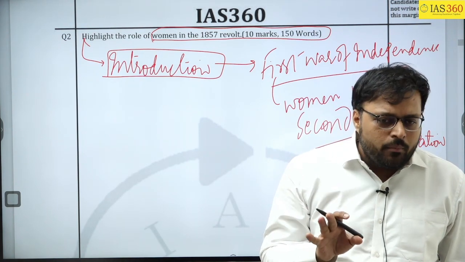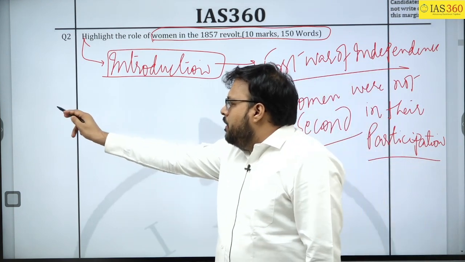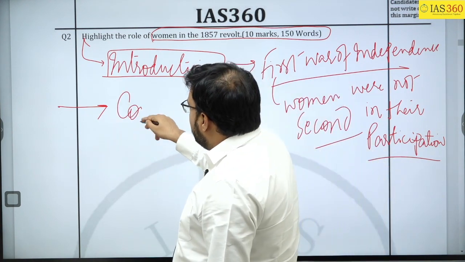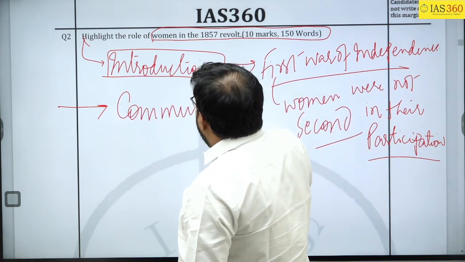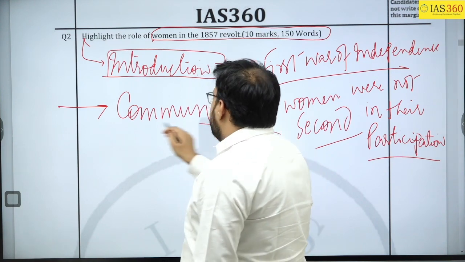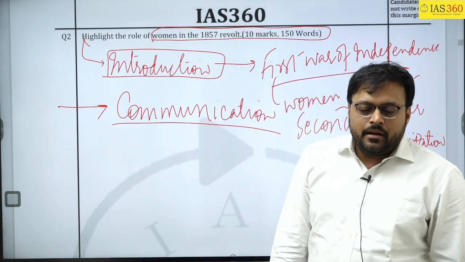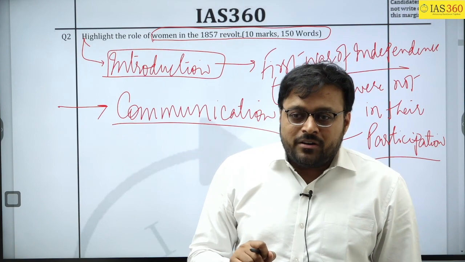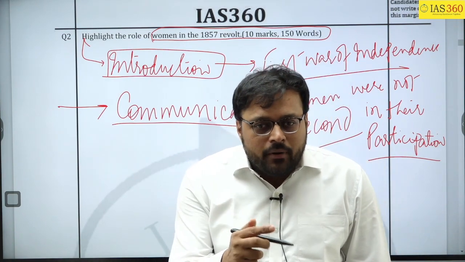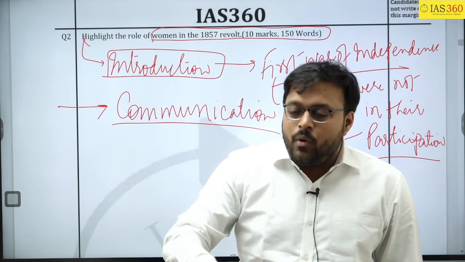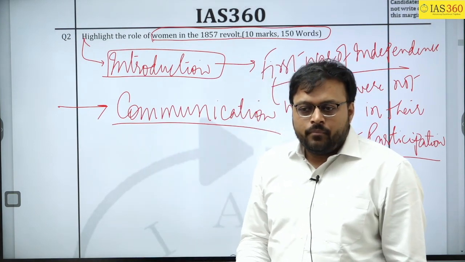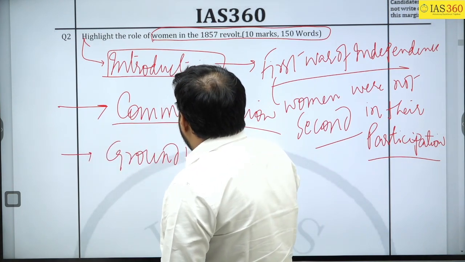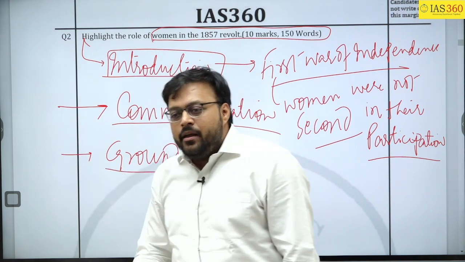So the names are in your model answer, but I am just here to tell you that when you don't know about the role of the women, then you can talk about how women helped in communication during the 1857 revolt, how the intelligence inputs were communicated by women, what the strategy should be and how it should be communicated to other places. It was being done by the women. Women were also working as ground workers. Here ground workers means that they were helping in the supply of arms.